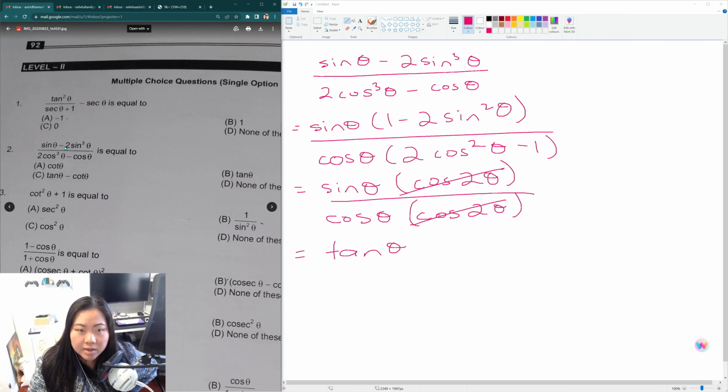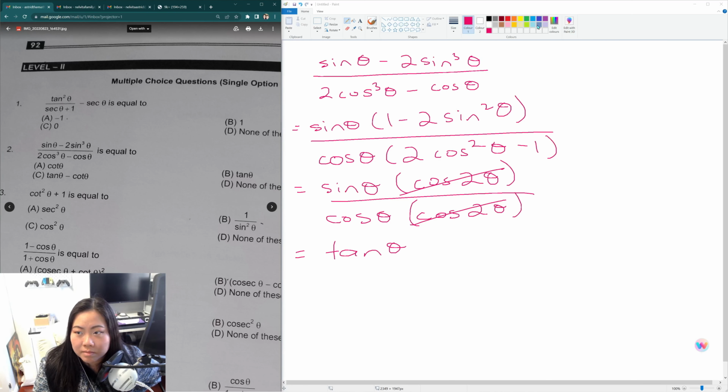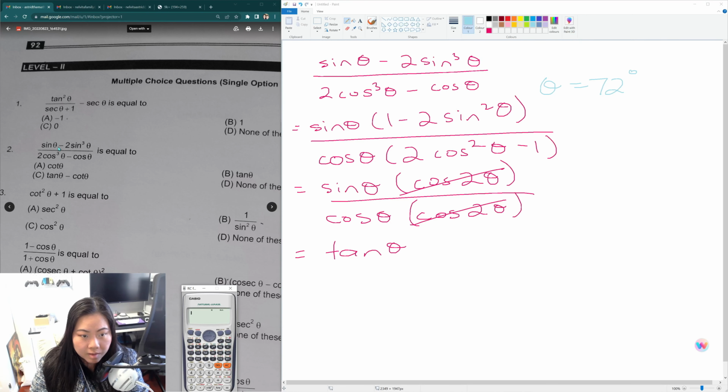Now to check, again, let's put theta as some random angle, and we're going to go with 72 degrees for everything in this paper. And put 72 degrees as theta in the question.